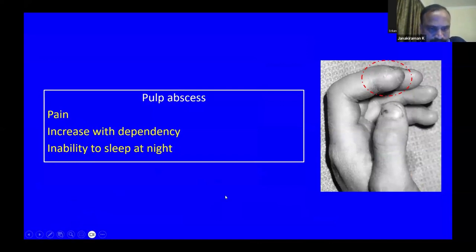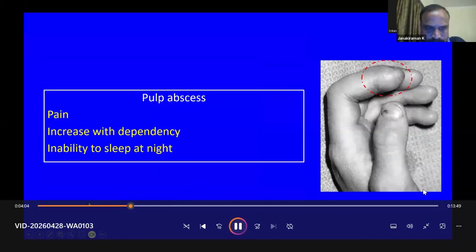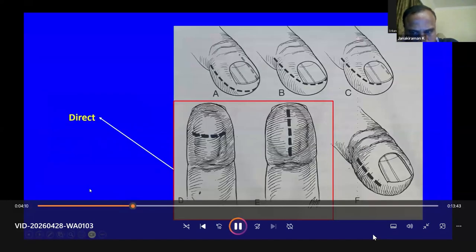That itself is enough to diagnose. Initially, antibiotics would be given unless you have a reason to suspect that the antibiotics are not working or the patient is not improving as far as the symptoms are concerned, in which case surgical drainage needs to be done.